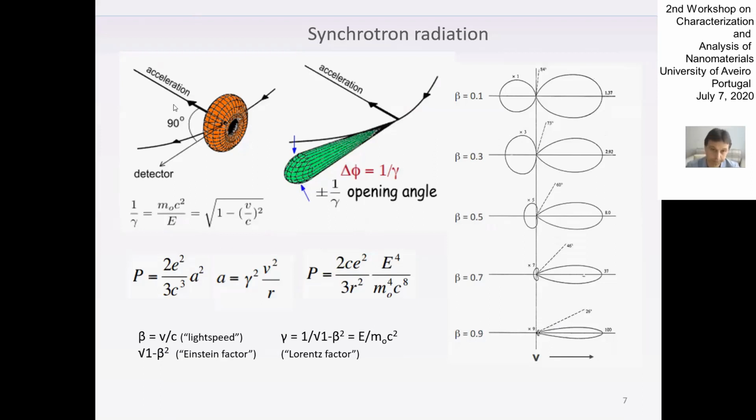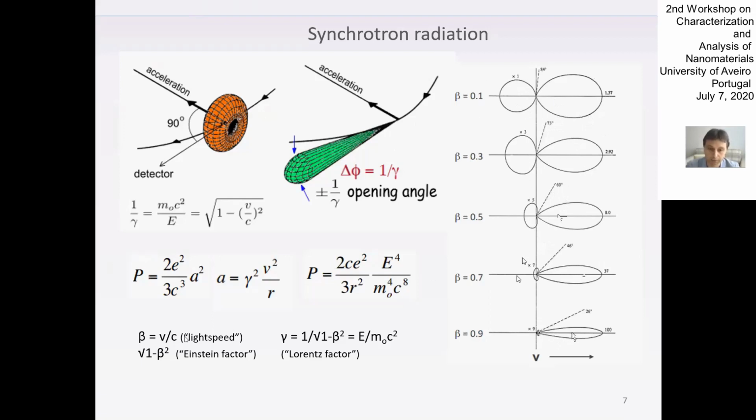this front drastically changes its shape, and the closer we are to the speed of light, the more symmetric this front becomes. Say for beta, where beta is the ratio between the speed of the particle and the speed of light, this front becomes more and more symmetric.